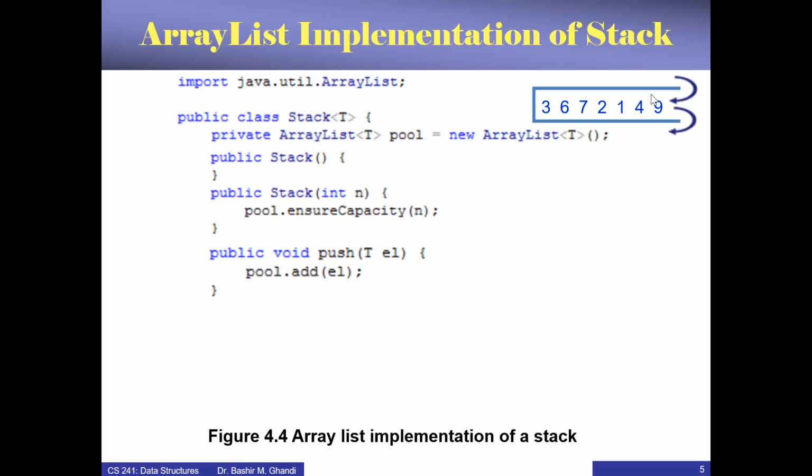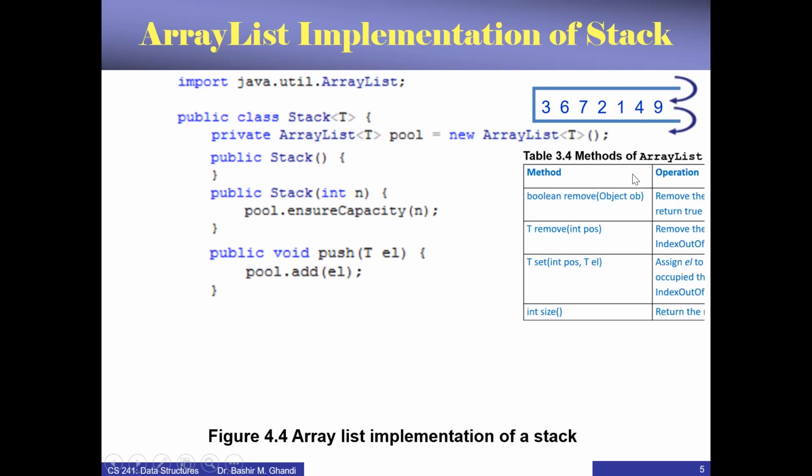There is remove last in linked list, but there isn't one in array list. In fact, these are the remove methods available in array list, if you recall. This is from the second lecture on linked list. Towards the end, we listed the methods of array list, and there are only two remove methods.